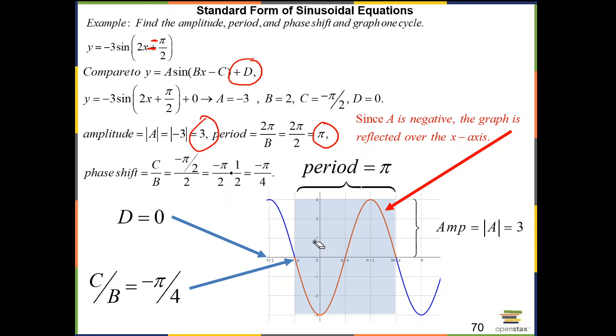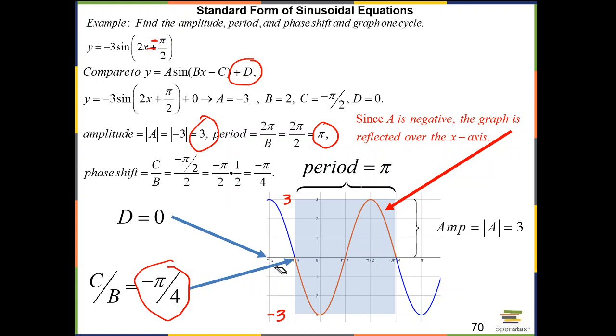So the rectangle that we built, the midline would be at 0. This midline is at 0, and then we go up. How many? Well, where is A? 3. We go up 3, and we go down 3. That's that. Now, we don't know horizontally where to start unless you find what?